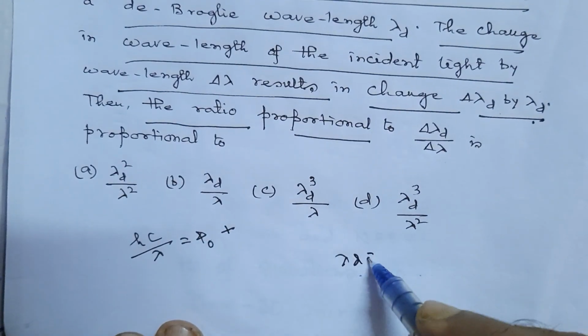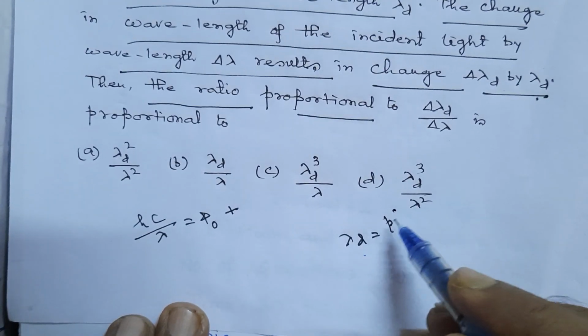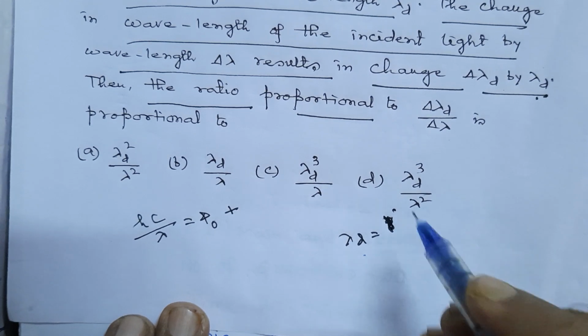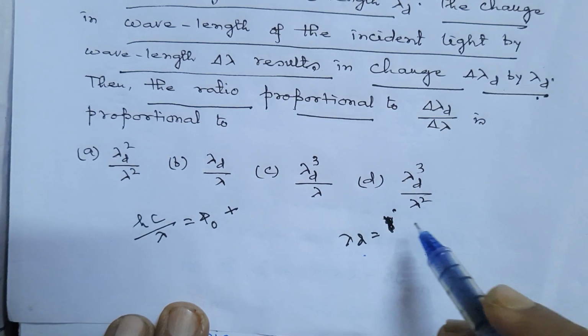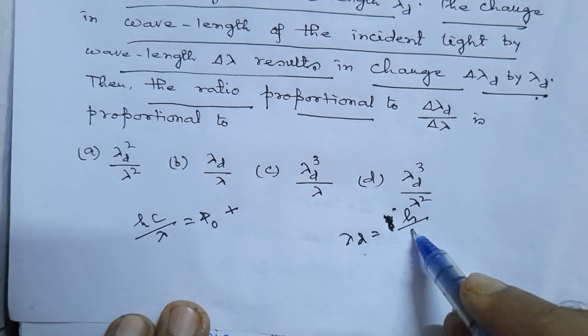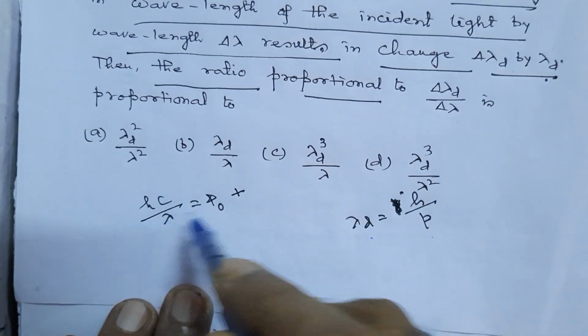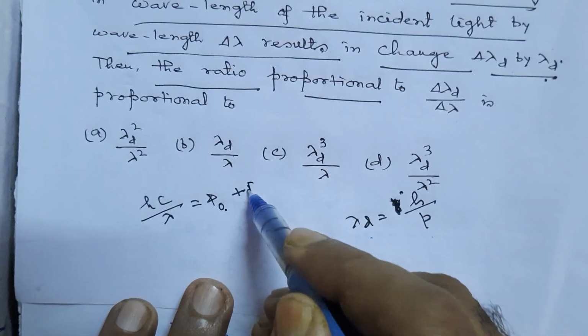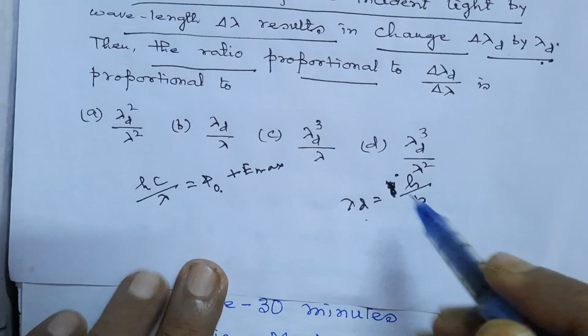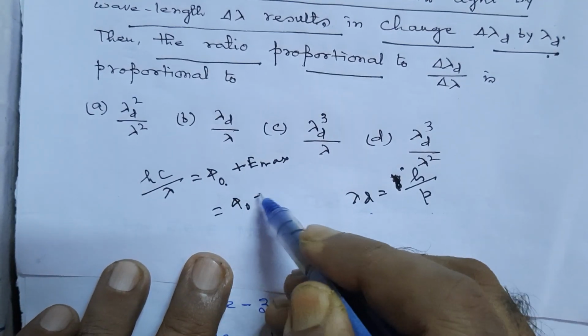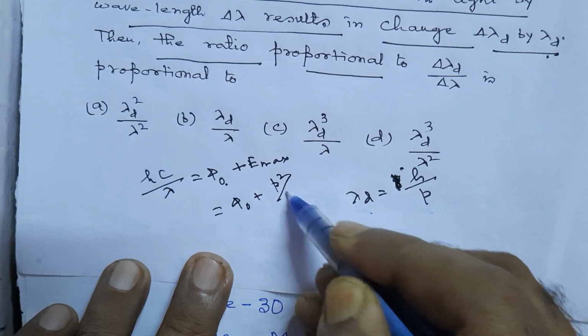Lambda d, the de Broglie wavelength, equals h by p. Now hc by lambda equals phi0 plus Emax. Emax may be given in terms of p, so phi0 plus p square by 2m.